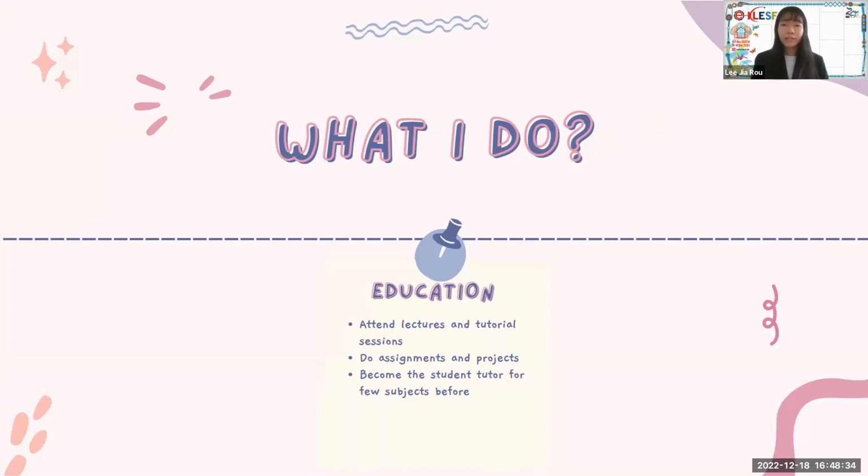I will also attend tutorial sessions, but it's not really similar to primary school and secondary school. It's because when you are in primary school or secondary school, normally you will attend classes at 7 or 7:30 a.m. Then the teacher will teach you the subjects and you will go back home.